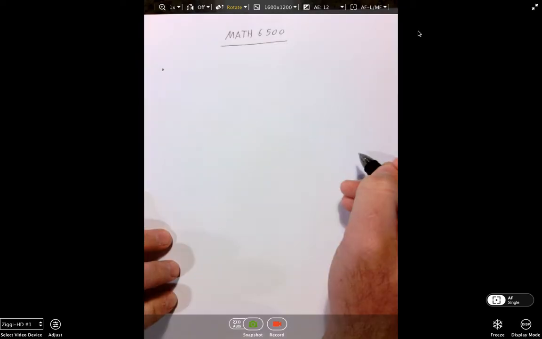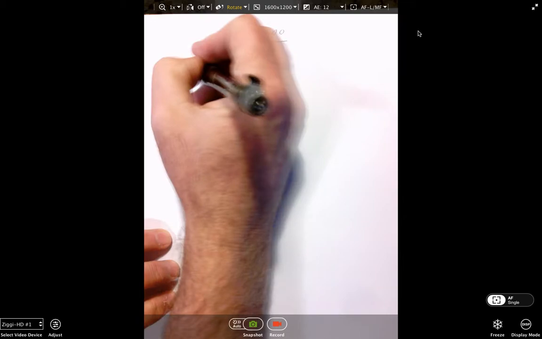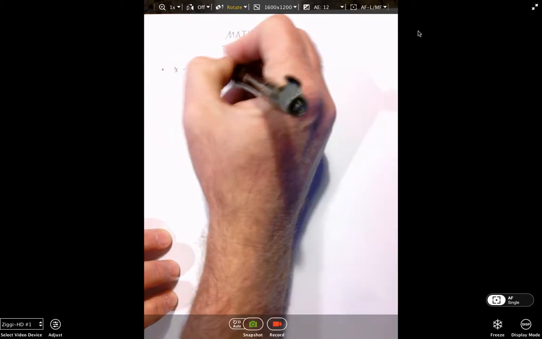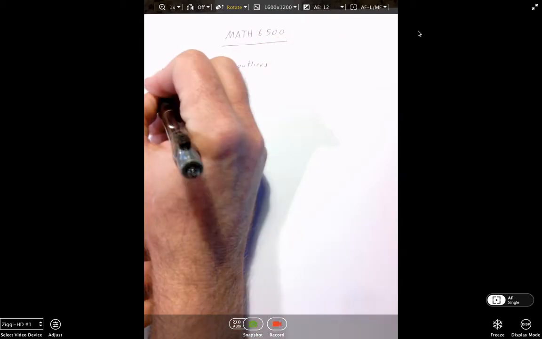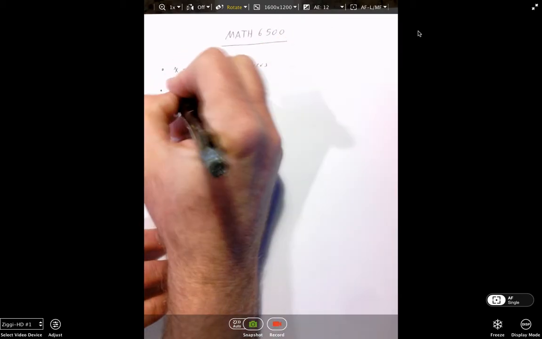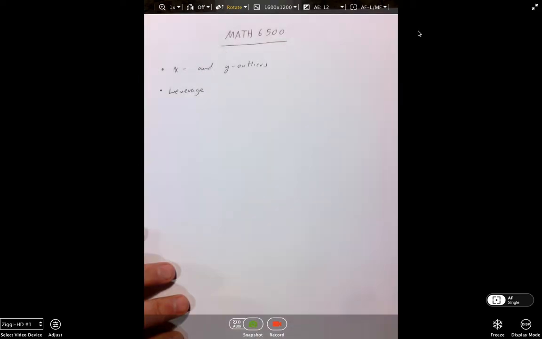Let's put in context where we are right now. We started out looking at X and Y outliers, and then we started looking at leverage statistics.